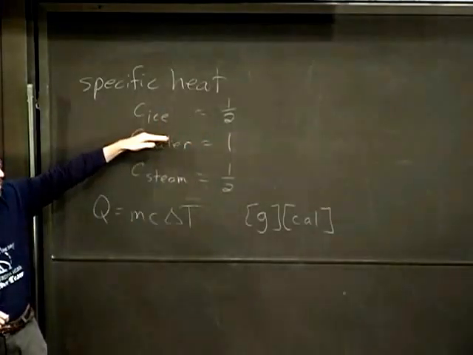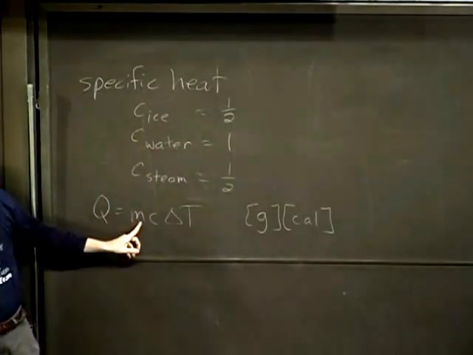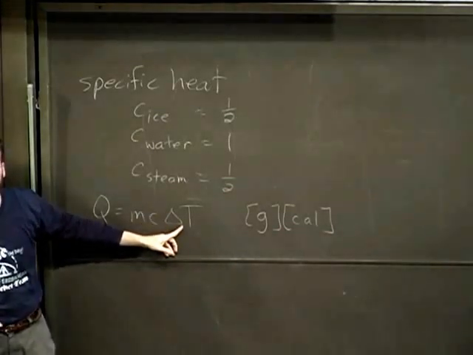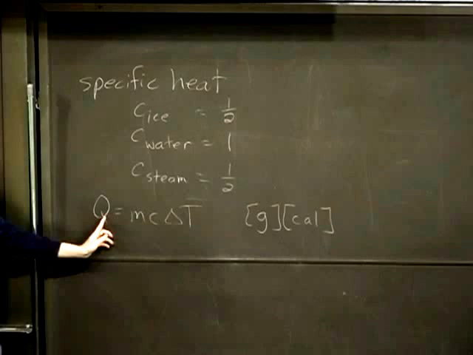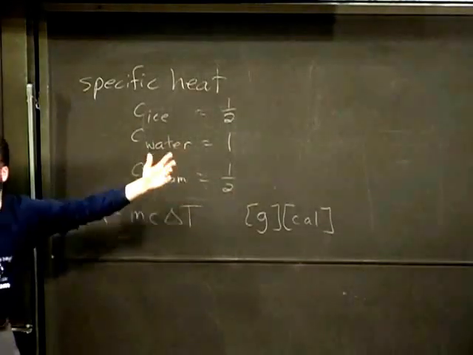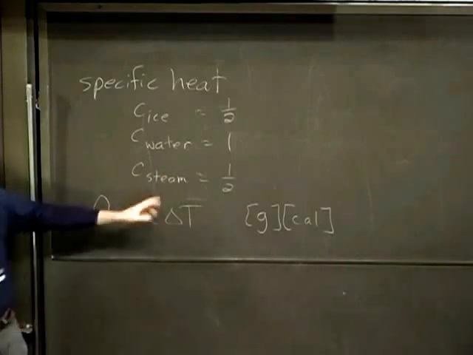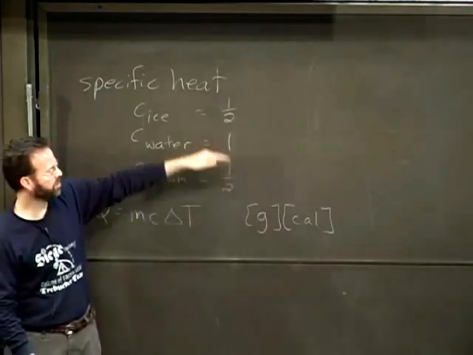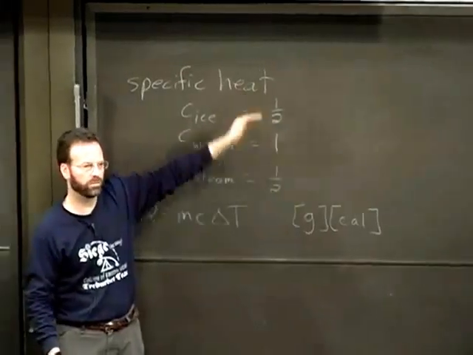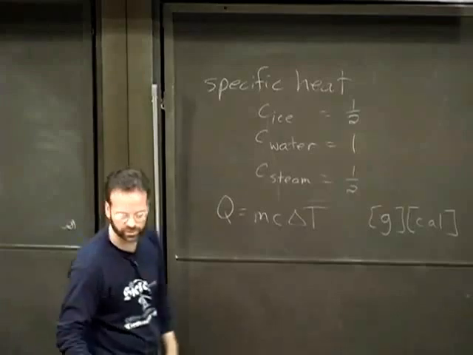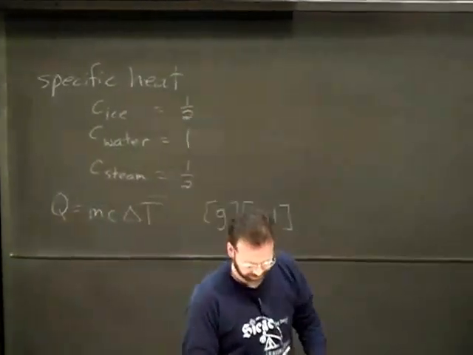If you want to raise its temperature 1 degree Celsius, it'll take 1 calorie. Isn't that convenient? So 1. Works out great. For steam, it's a half. These are approximations, but close enough approximations. That's what I use. So I wanted to give that to you because some of you were curious.